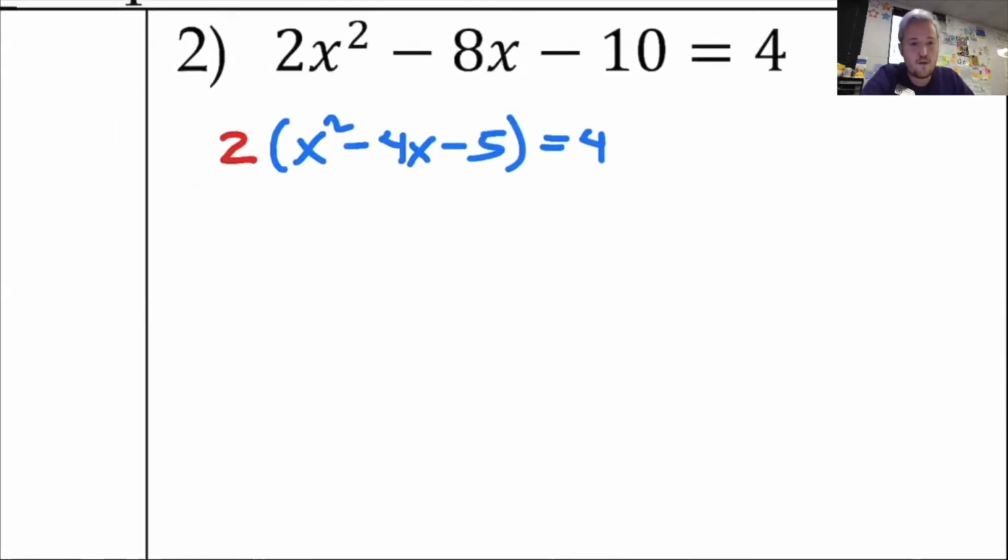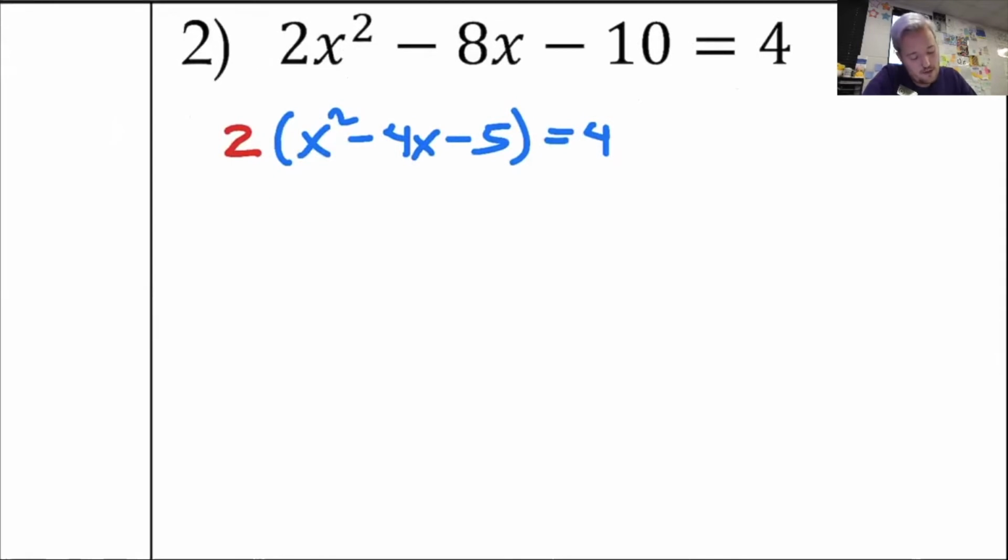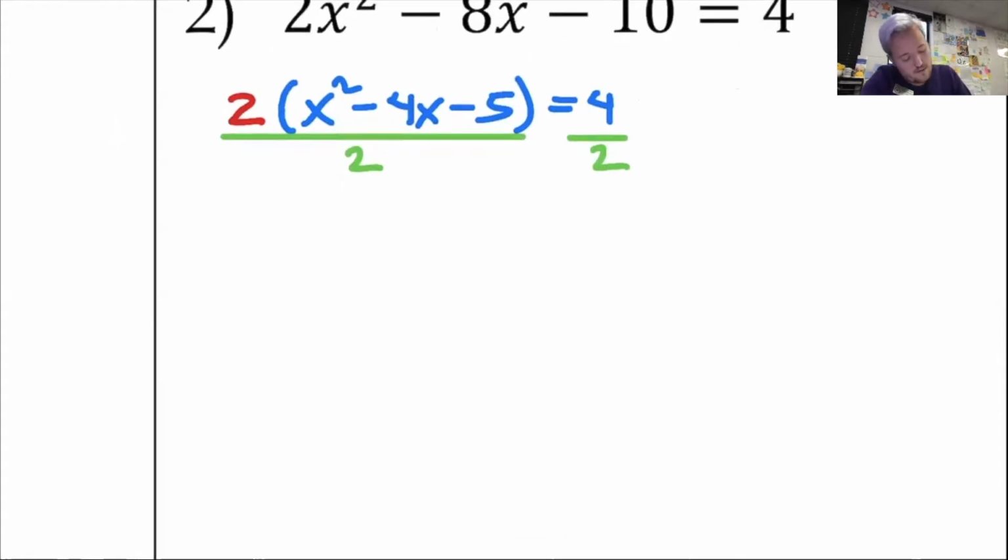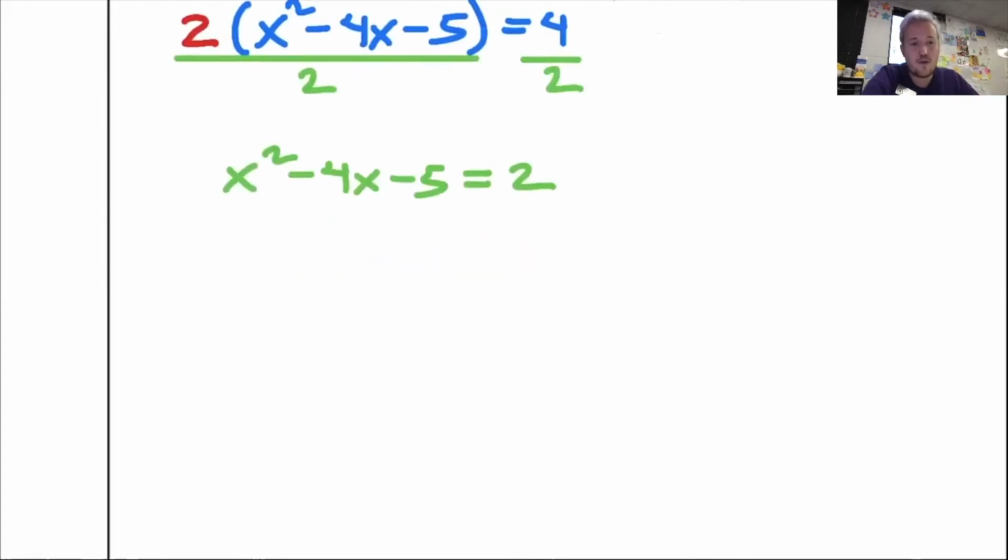All right, so when I take out that 2, we're going to have x squared minus 4x minus 5 equals 4. So now I want to get rid of that 2. So I'm going to have x squared minus 4x minus 5 equals 2. All right, so we're getting closer to standard form, but now I got to get rid of that c value. So I'm going to move that c value over so that I can replace it with the box.